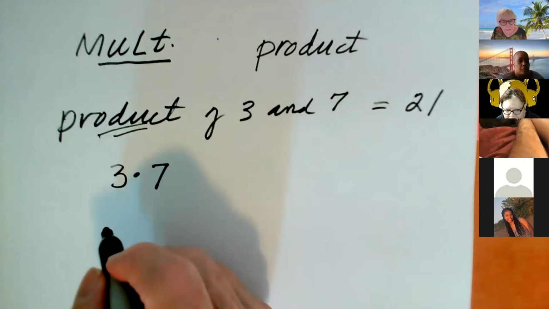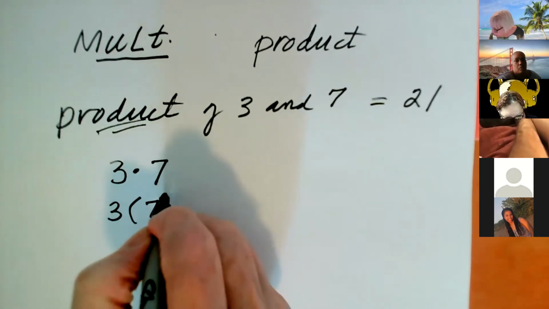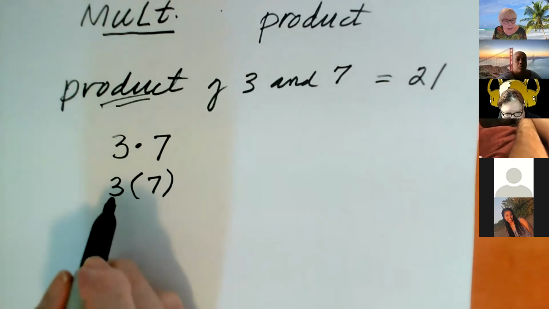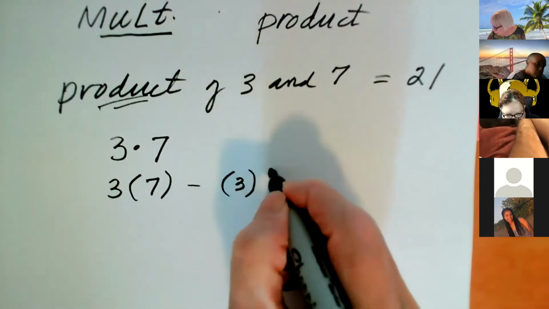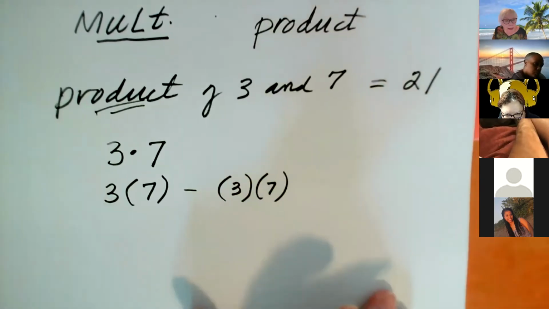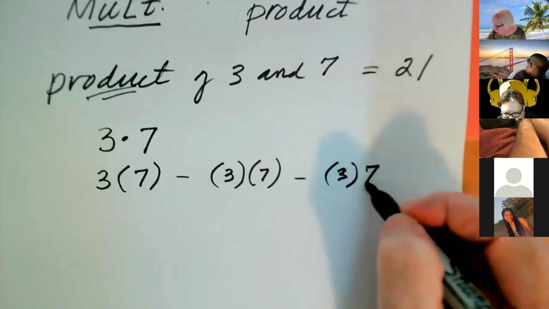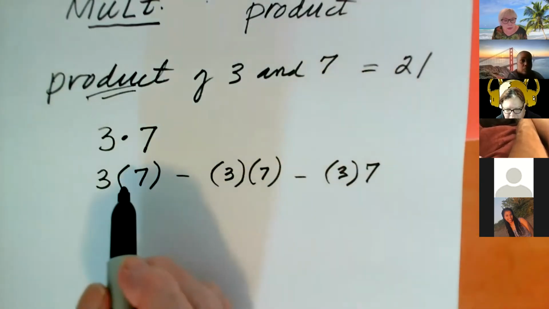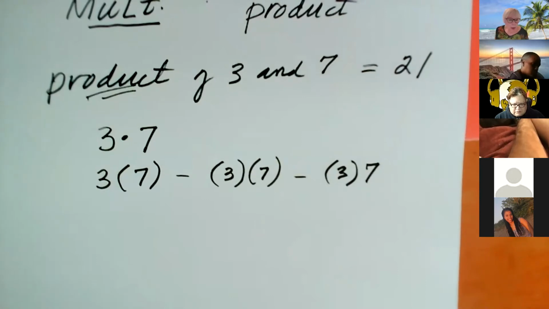Parentheses. Yes. So it could be like that, or like that. Or even the first one, that would be kind of odd. But these are all parentheses. That means multiply.